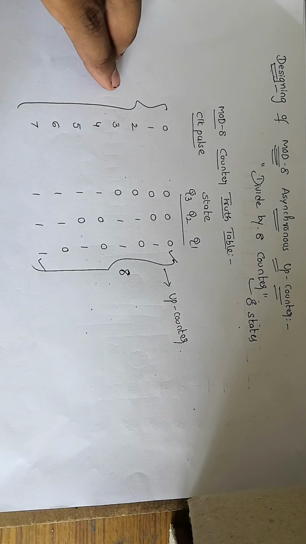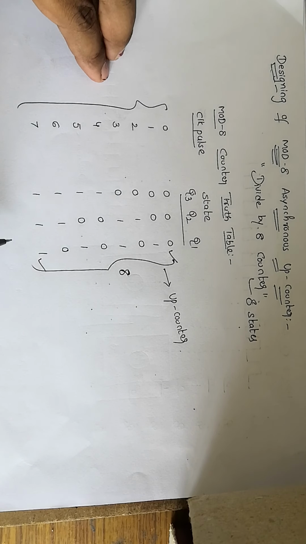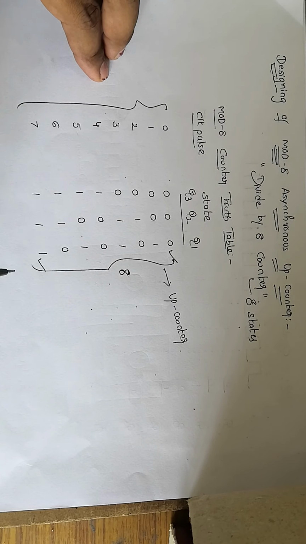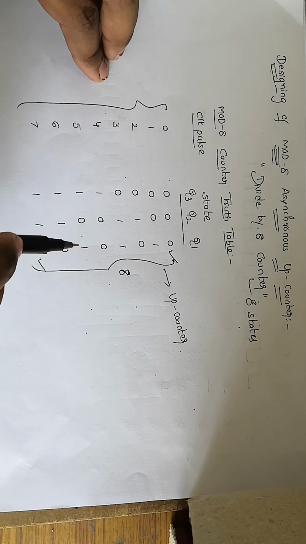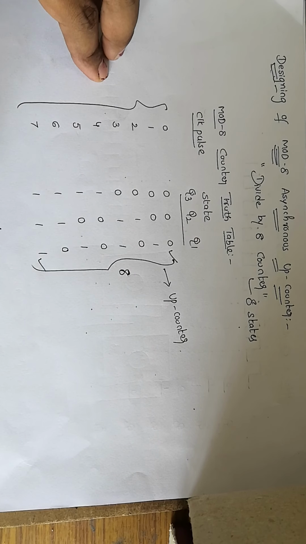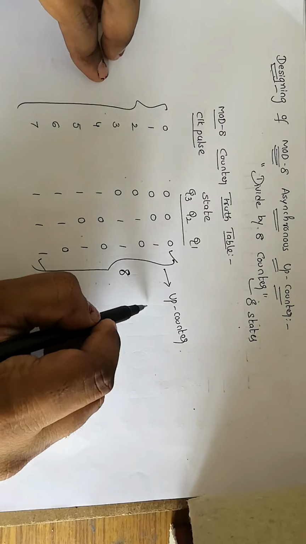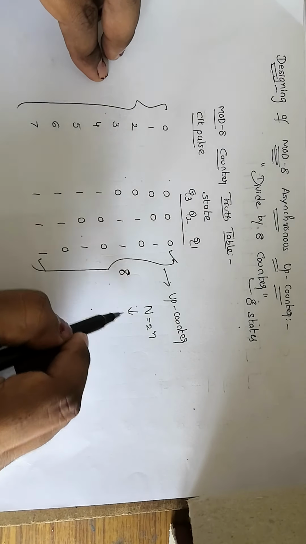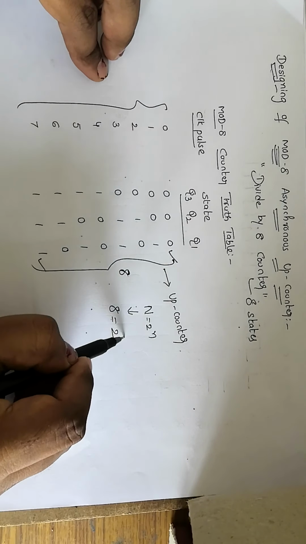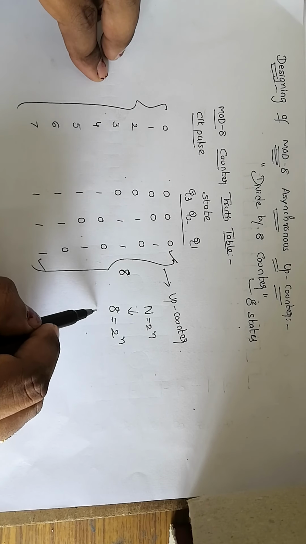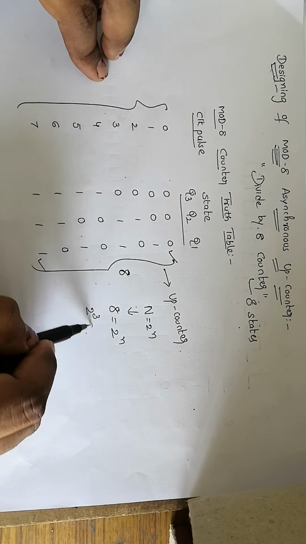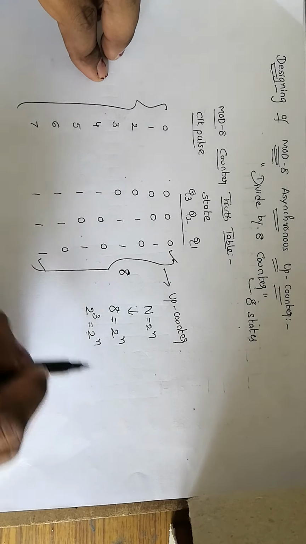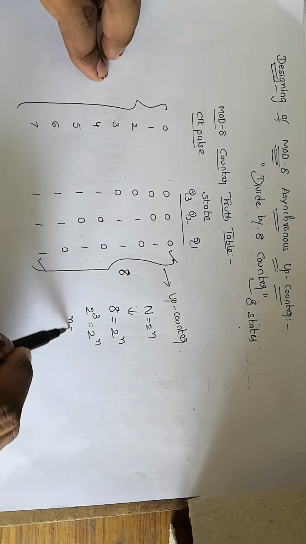To design this modulo 8 asynchronous up counter, we require some flip-flops. What is the relation to implement it? That relation is given by N equal to 2 to the power of n. Here N is 8, and 8 can be expressed as 2 cubed. By equating both sides, the value of n is equal to 3.